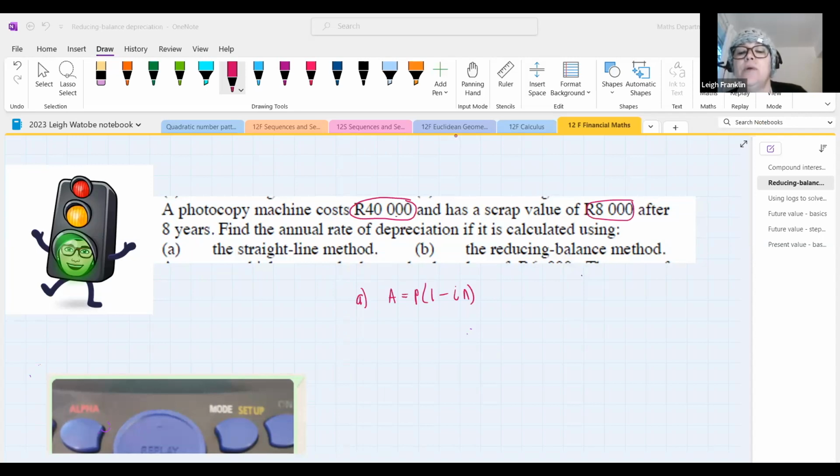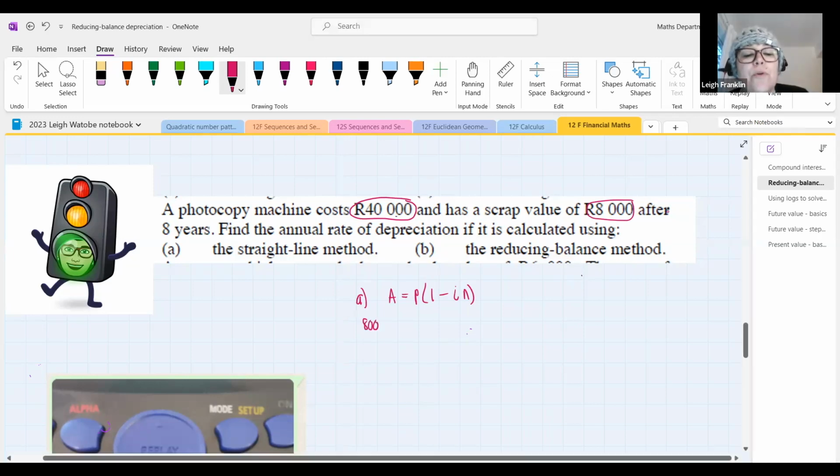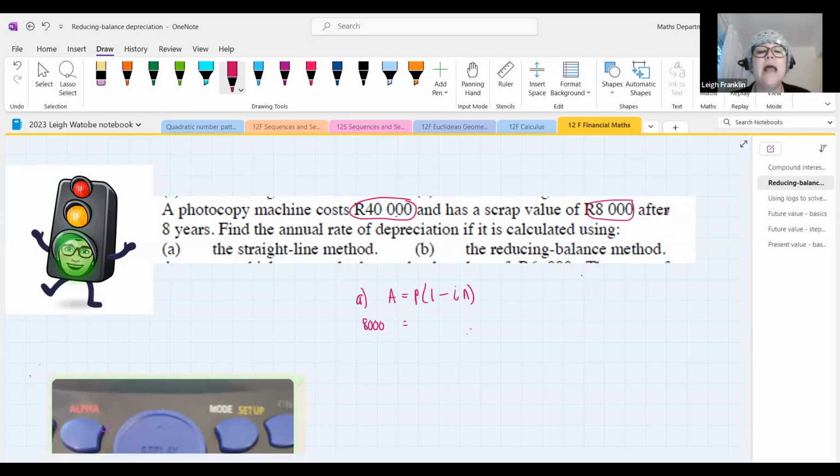Good, and Nhlanhla, quite right. So your A value is 8,000. That's what the scrap value of the photocopy machine is worth. It'll be worth 8,000 Rand after 8 years when it originally cost 40,000 Rand to buy.